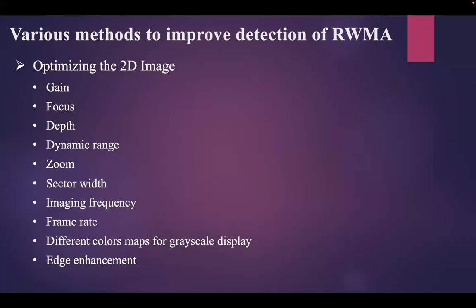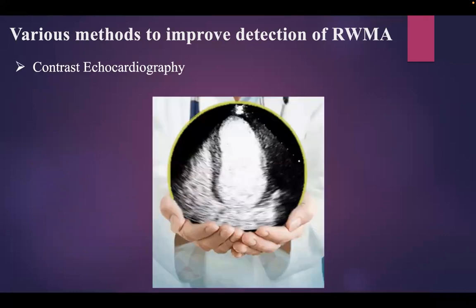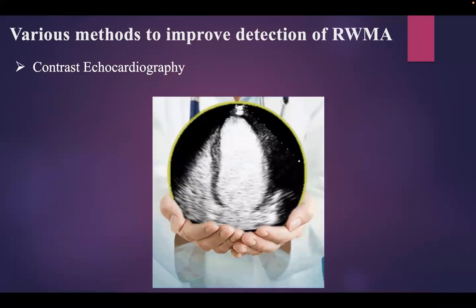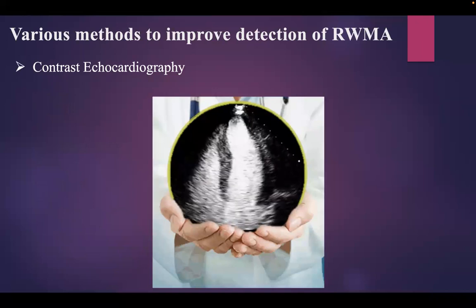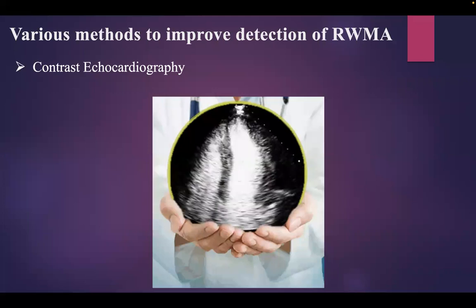Sorry. We can also use different color maps for the grayscale imaging and improve our detection of the wall motion. Suppose you're not able to do that, then there is always contrast echography, which comes very handy if your machine is capable, or if you have access to the contrast agent, that is LV contrast.